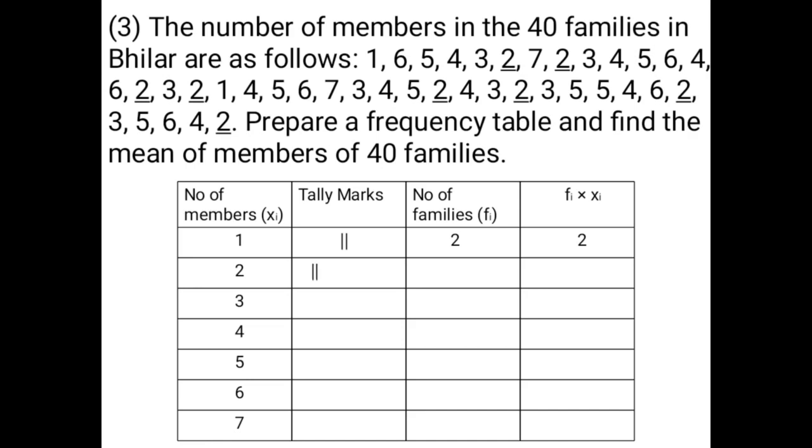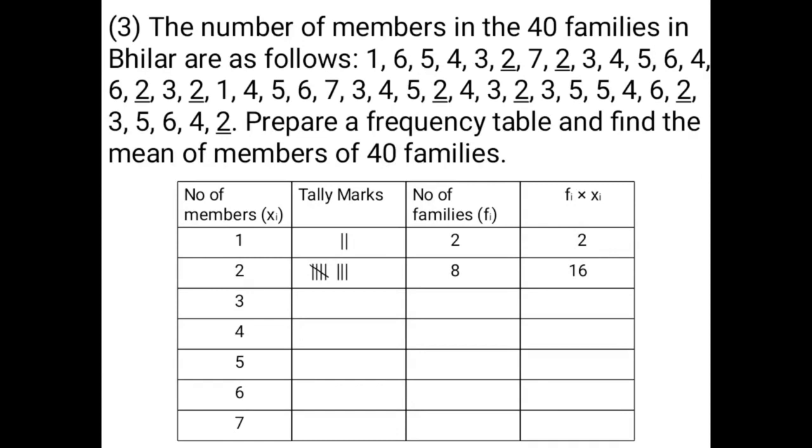In this way you have to mark the tally marks. Number of families you have to write now 8. Now you have to multiply Fi into xi, that is number of families into number of members, that is 8 2s are 16.